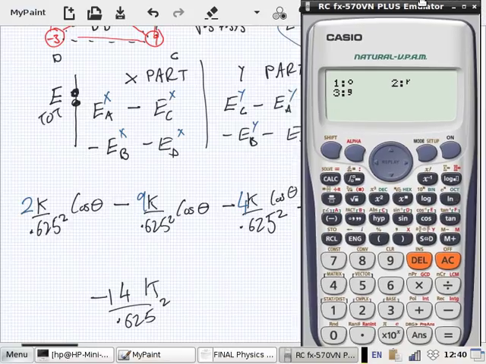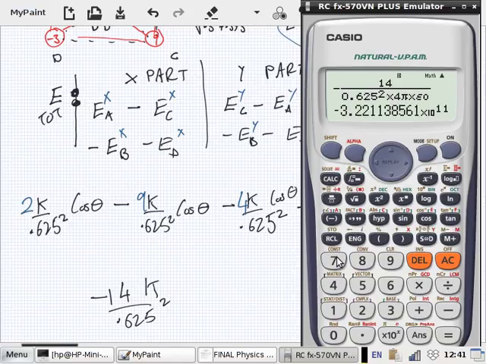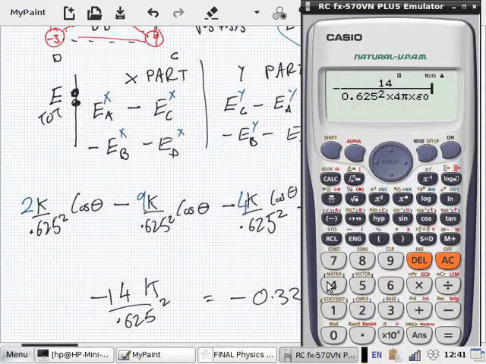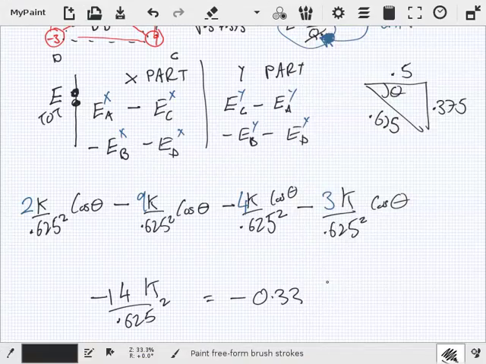Oh, goodness sake. 4 pi 32? Right. No, it should be minus 3.22. Oh, sorry, the cos, thank you. We still have to work out the cos, which is 0.5 over 0.625.